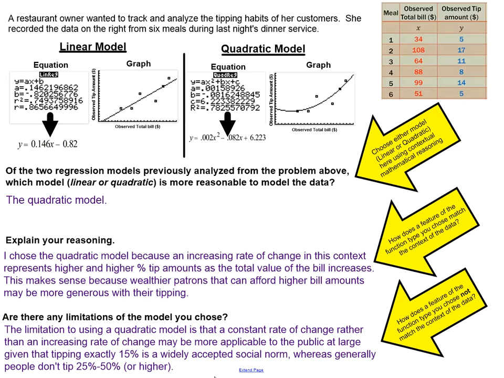If you tip 25, 50%, that's where the quadratic graph is increasing more and more, and your tipping rates are getting higher and higher. No one's going to tip 50% of a bill, so that doesn't make sense. So this is like two sides of a debate. You're explaining your reasoning to choose a certain model, and then you're saying, wait a minute, this model might not work for this reason. That's my limitations.